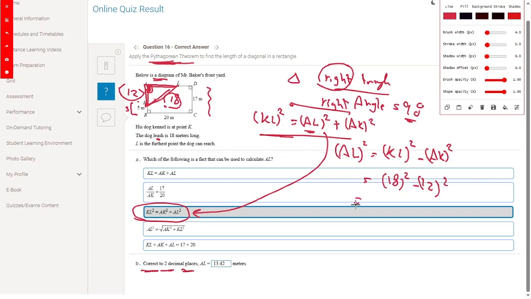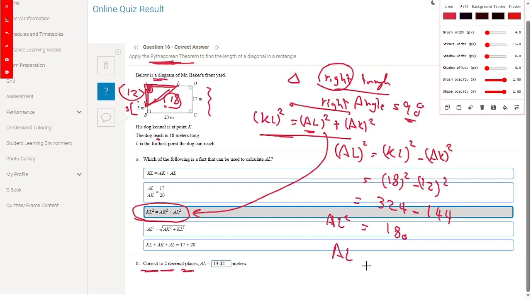Okay, now let's do the calculation. 18 squared is equal to 324, minus 12 squared, which is 144. So 324 minus 144 is equal to 180. So 180 is equal to AL squared, right?